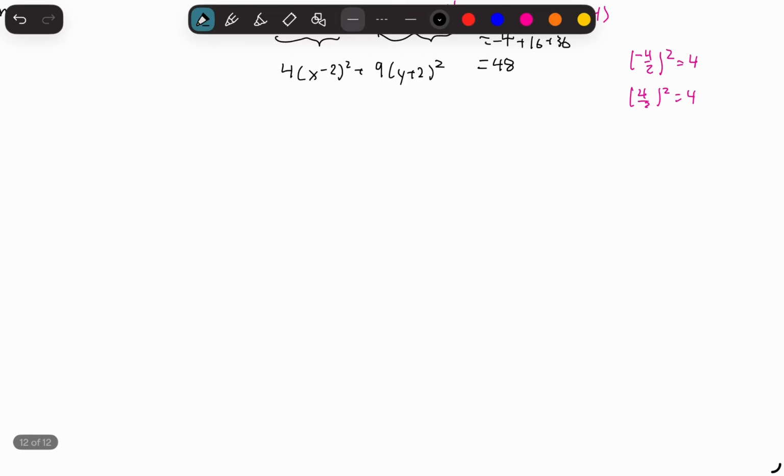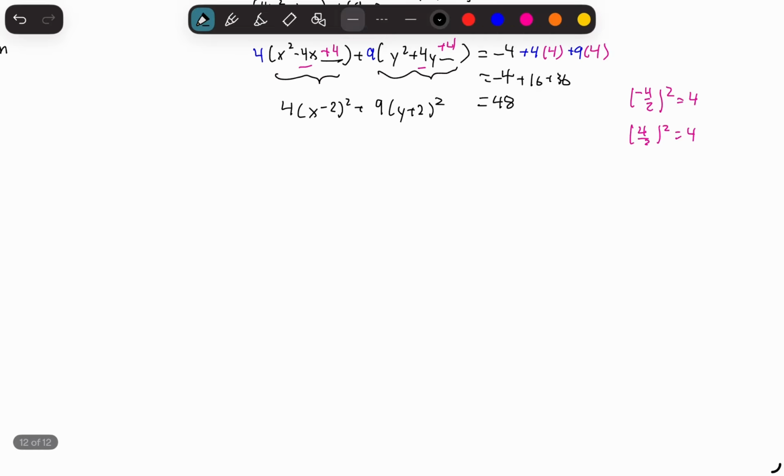Now all you have to do is put this into standard form. So the way you do that is you would divide both sides by 48, because you want the right-hand side to equal 1 so that we can see what a squared and b squared are.